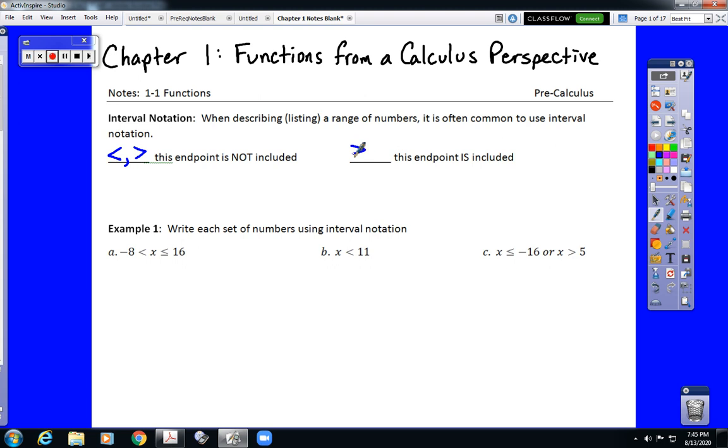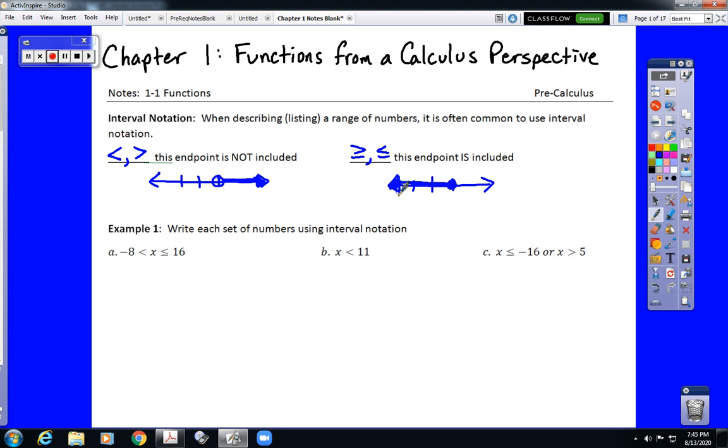However, if it's greater than equal to or less than equal to, that would be included. Okay? When you're looking at a number line, you're talking about values that are open circles. That is not included. Whereas if you're looking at an interval with a closed circle, that value is included. So open circle versus closed circle.